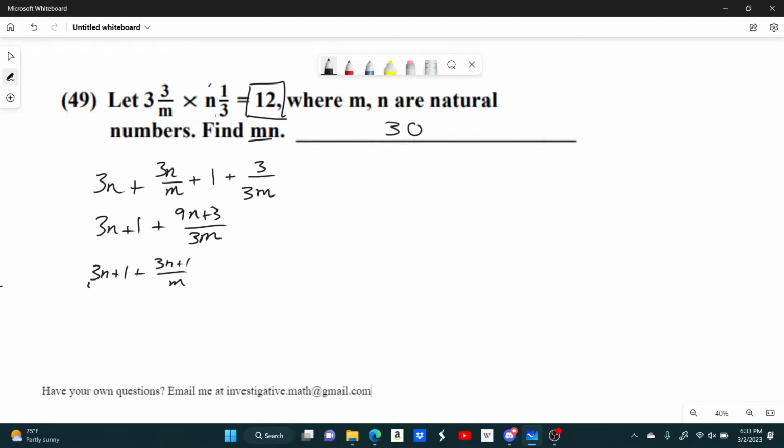Maybe there's something to the fact that these are the same, or is that just because this has a numerator of 1? And this equals 12, right? So m has to be a divisor of 3n plus 1. Right? Which is what we figured out anyway.